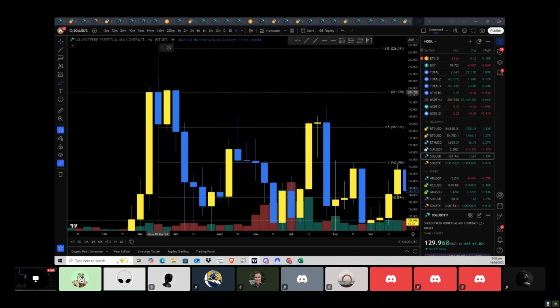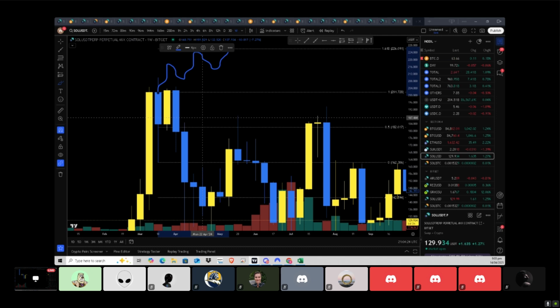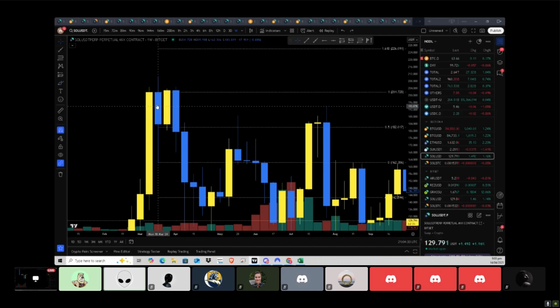And yeah, markets move like that. So the weekly that we've just engulfed could do something like this and dump down.